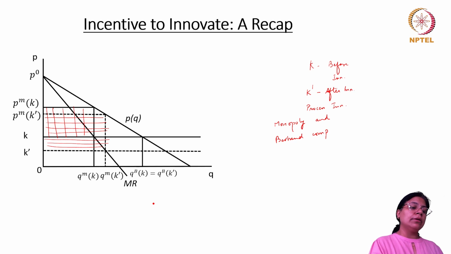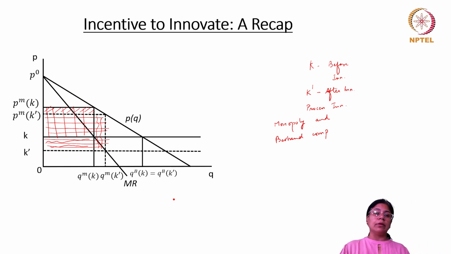Now you can see that this area where I am now putting these slanting lines is something which has reduced. On the other hand, this is the area which has increased. So for a monopolist, they have to make a comparison between these areas before making a final call in terms of whether to go ahead with the innovation or not. So clearly the distinction between these two also determines the incentive for a monopolist to innovate.